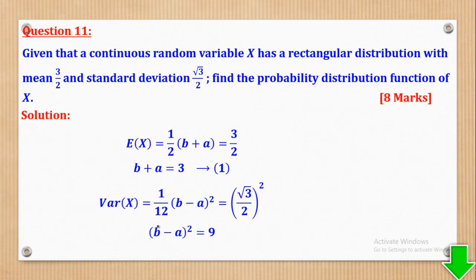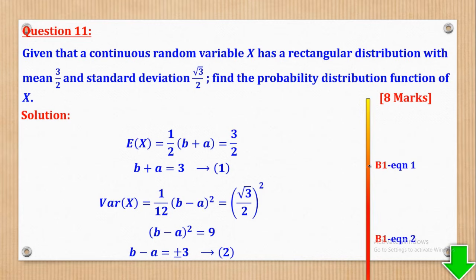Therefore we shall also get another equation having a and b. Now those are two equations and two unknowns, meaning we have to solve them simultaneously to get the values of a and b. So before we do that, let's see how marks can be awarded for this slide. There is B1 for equation 1 and B1 for equation 2.